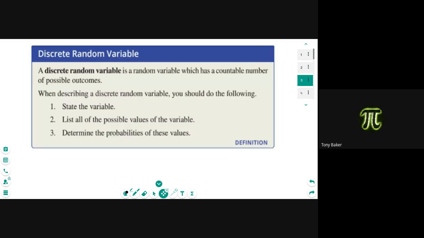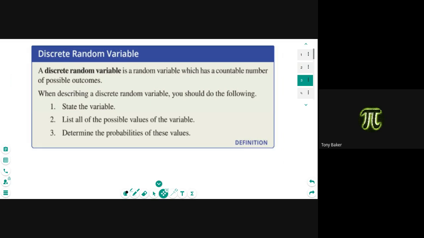All right, a discrete random variable. When we're describing a discrete random variable, we should be able to state the variable, what we're looking at, list all possible values of the variable, and determine the probabilities for each of those values. Now, sometimes 2 and 3 do not necessarily have to be completely written out.